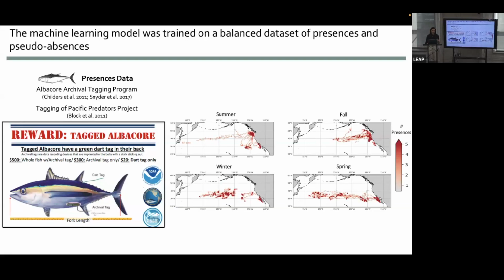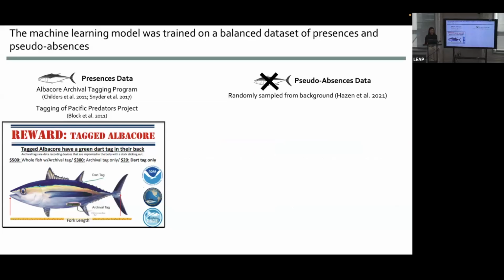Now, if a model is to predict a fish presence or an absence, we also have to teach the model where the fish did not go. And since it's not customary for fisher people to report where they went fishing but returned empty-handed, we have to generate this absences data set ourselves. And these are called pseudo-absences.